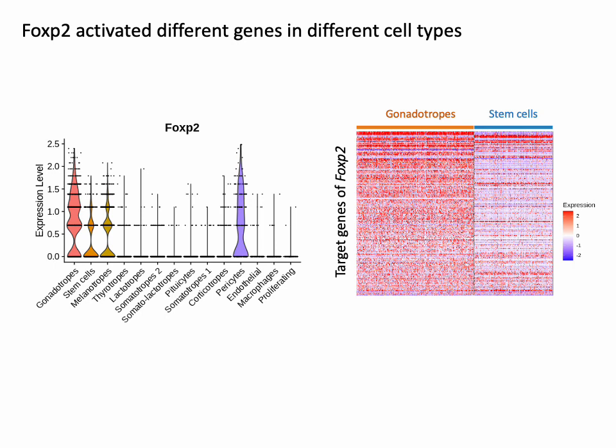When we further examined the expression patterns of all the genes predicted to be regulated by FOXP2, we found something quite interesting. Many of the target genes are differentially expressed between the cell types where FOXP2 is highly expressed. In other words, FOXP2 activated different genes in different cell types.